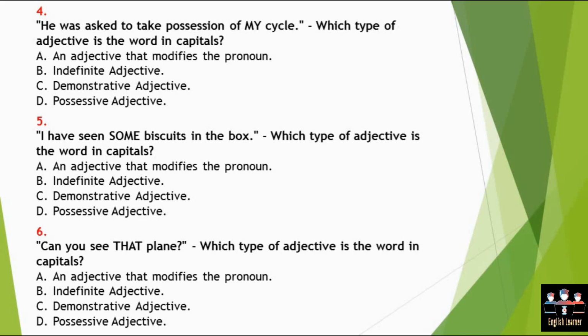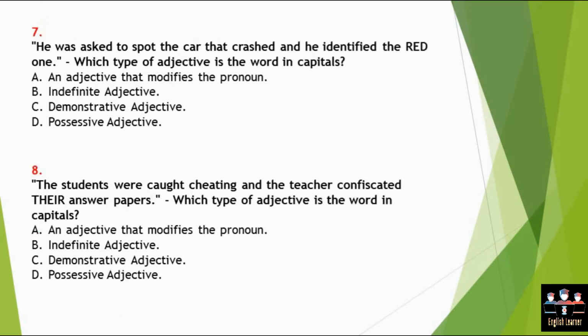Number 6. Can you see that plane? Which type of adjective is the word in capitals? A. An adjective that modifies the pronoun. B. Indefinite adjective. C. Demonstrative adjective. D. Possessive adjective. Number 7.